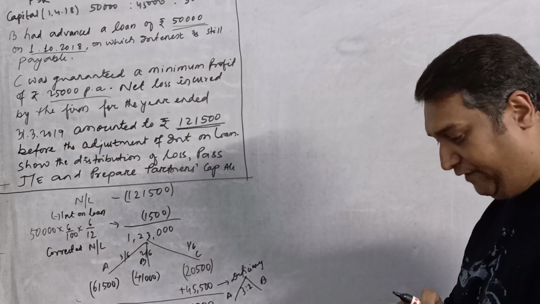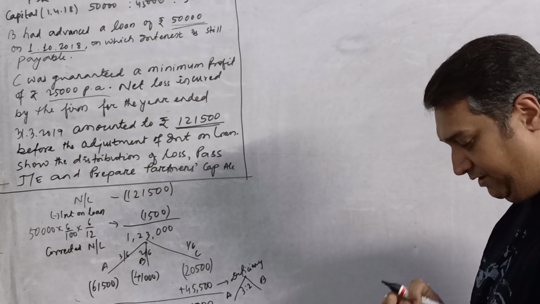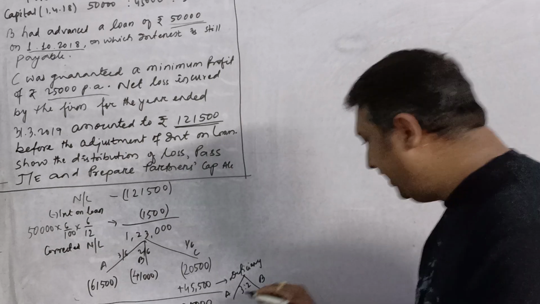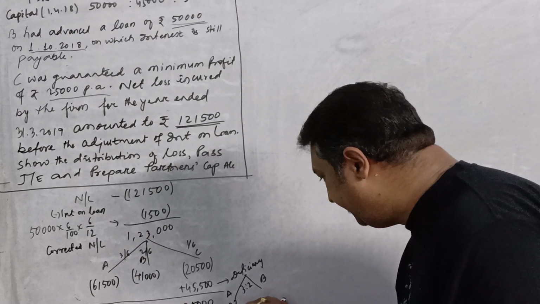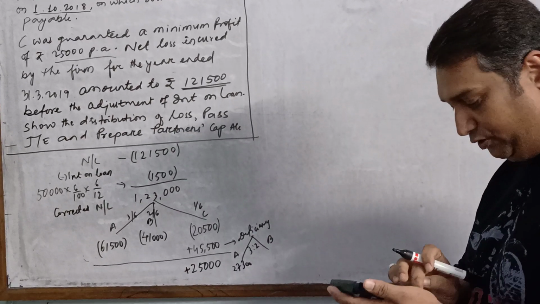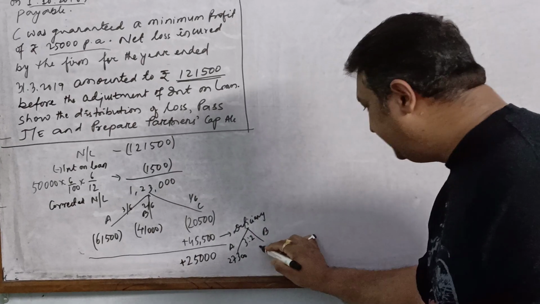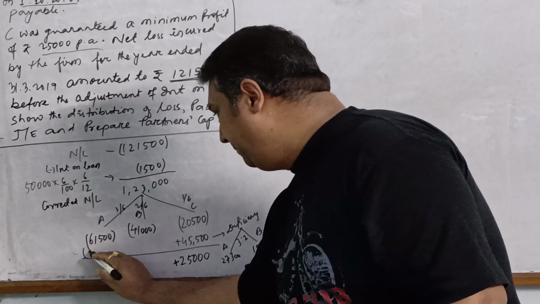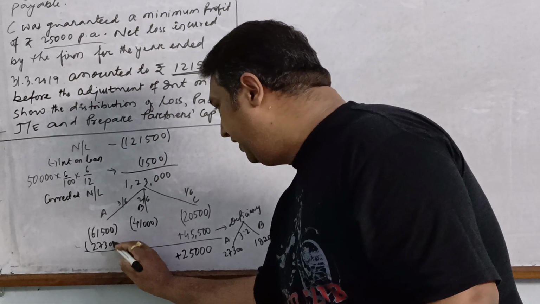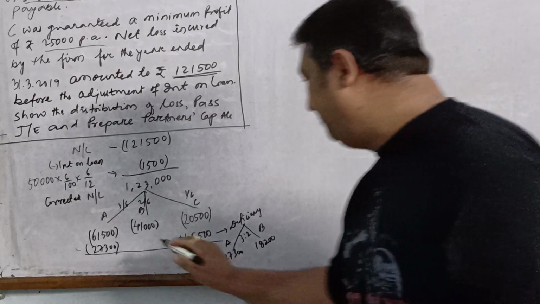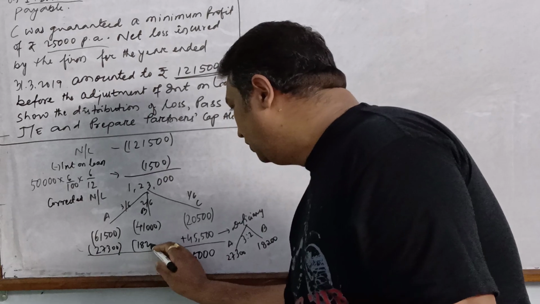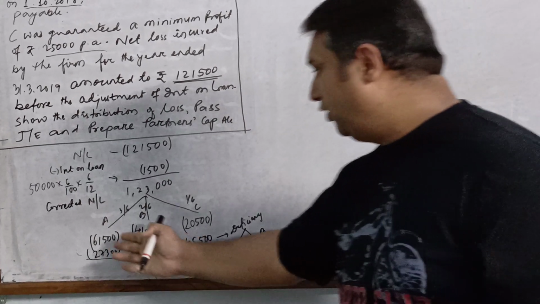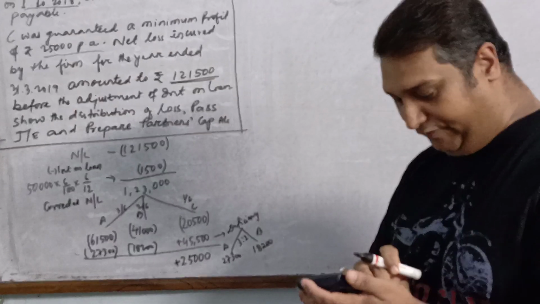So 45,500 divided by 5 into 3. Share of A will be 27,300, whereas of B it will be 18,200. That means A will pay 27,300 more, whereas B will pay 18,200 more.